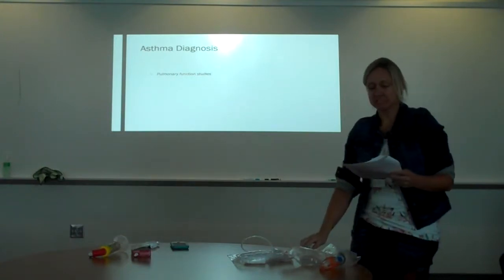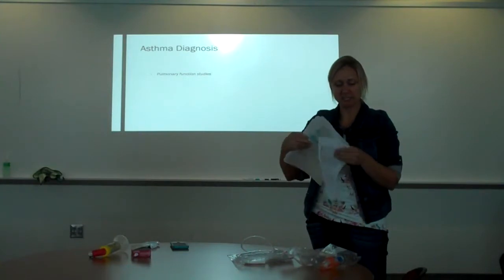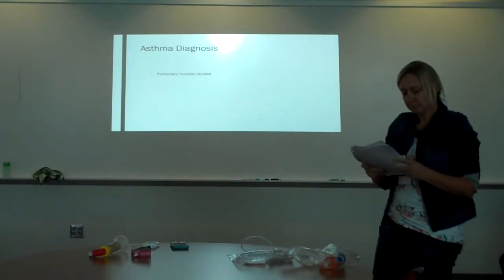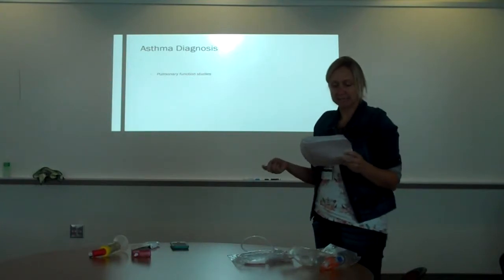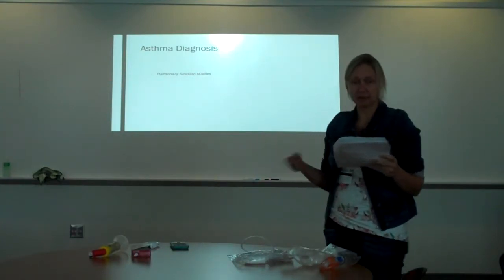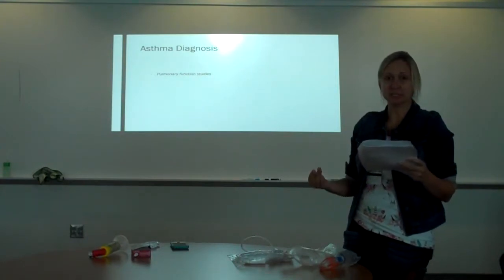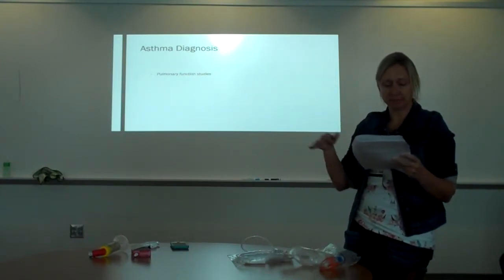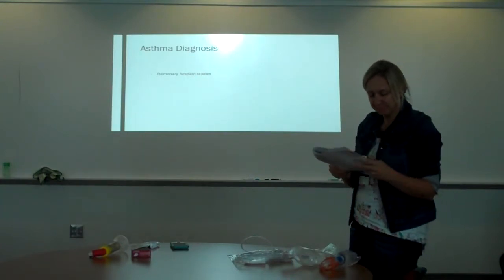Asthma diagnosis. So I said the most accurate test for the diagnosis is a pulmonary function test. This is done at diagnosis for a baseline, after treatment is done at that initial visit, and then yearly to see how the child's doing based upon their baseline data.